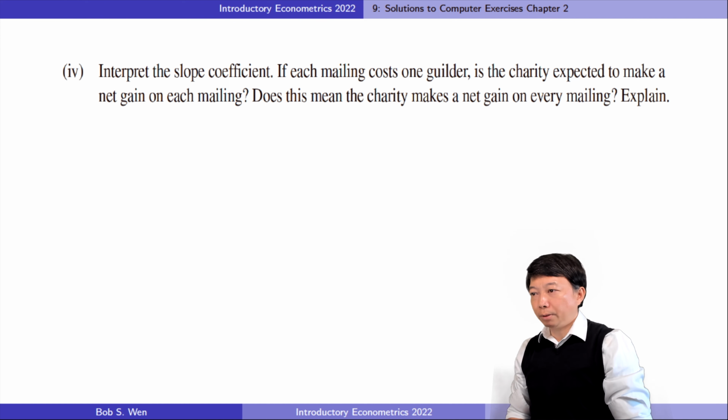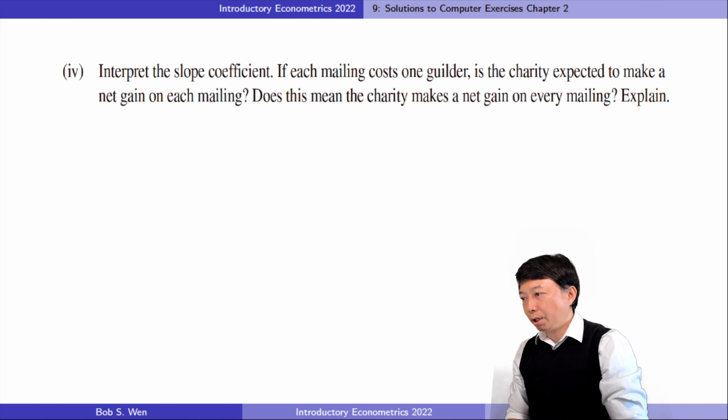For the fourth question, the estimated slope coefficient is 2.65, meaning that one more mail per year increases the gift by 2.65 guilders on average. We assume that it is a constant return to each mailing when we use the simple linear regression model.